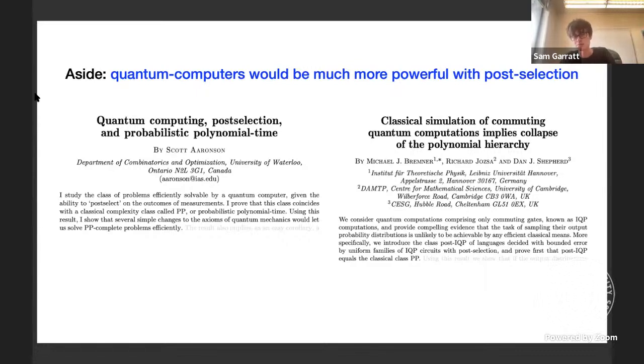And if you can post-select, then you can solve NP-complete problems with your quantum computer. So the fact that there is a post-selection problem and that we can't force measurement outcomes is a very serious constraint on the computational power of quantum mechanics. This is part of the motivation for understanding how far you can go in getting around it.